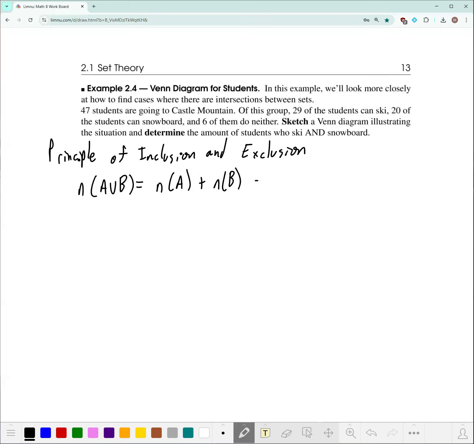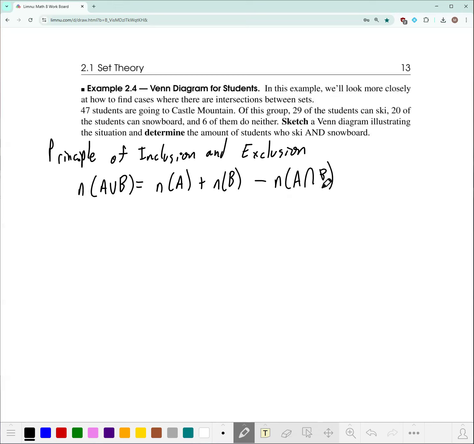Then I need to get rid of that double count. So I count students twice if they're in the overlap, the intersection. So I need to get rid of one case of that overlap. So the number of elements in the union of A and B is equal to the number of elements in A plus the number of elements in B, subtract the number of elements in the intersection of A and B. Interesting.